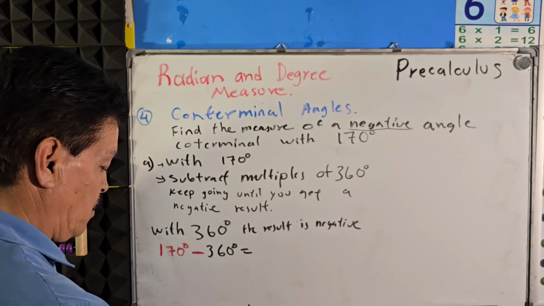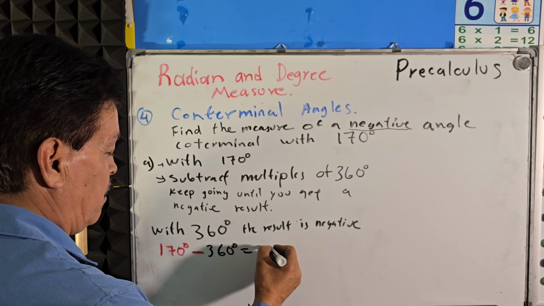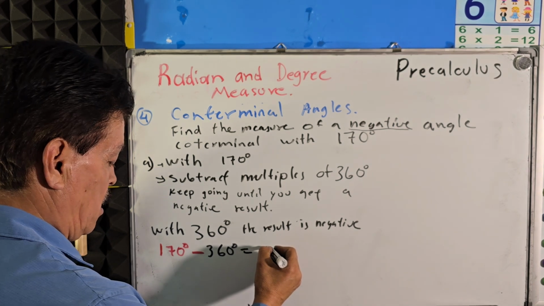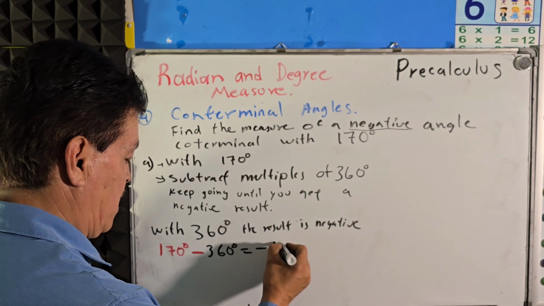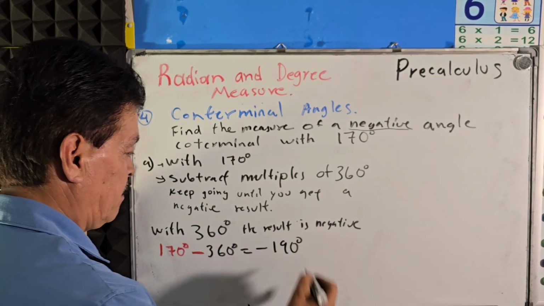So your answer is, because we have to subtract, negative 190.